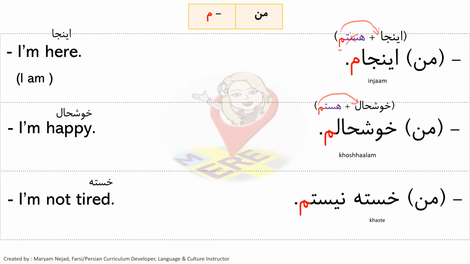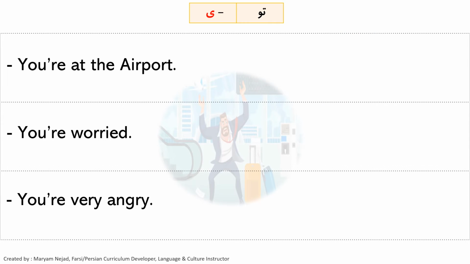Here there is no contraction for the negative, remember that. Now I am going to read through the sentences one more time, and this time I am not going to pronounce the subject pronouns. So the first one, اینجام. خوشحالم. خسته نیستم.